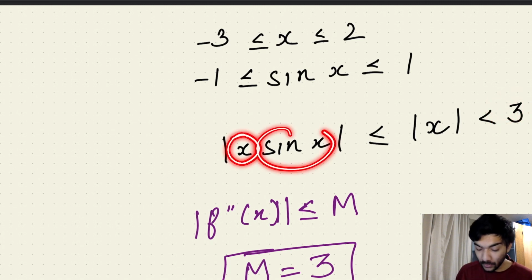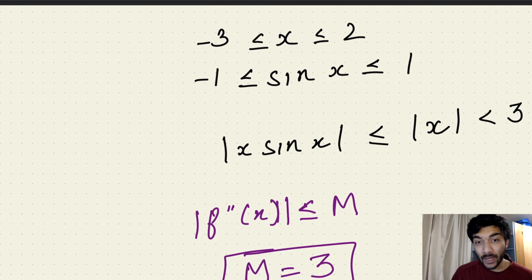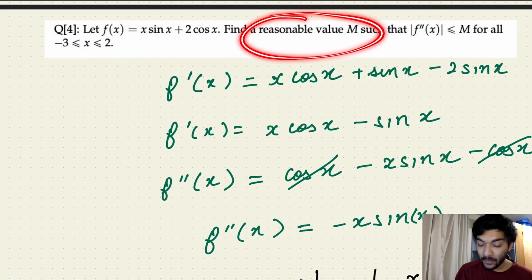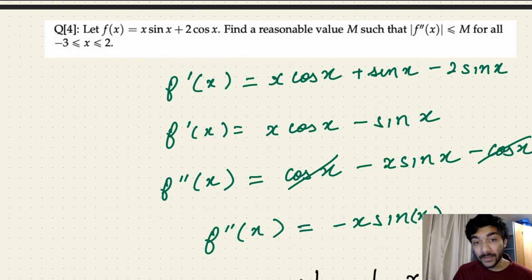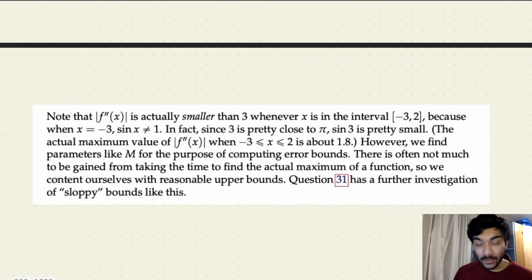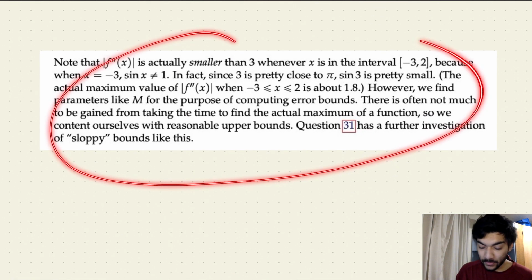So both of these functions cannot have their maximum values together, but since in this question we only had to give a reasonable value and not the exact value, we can assume our m to be 3. You can also read this solution over here.